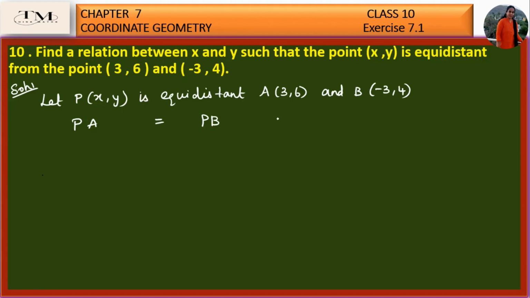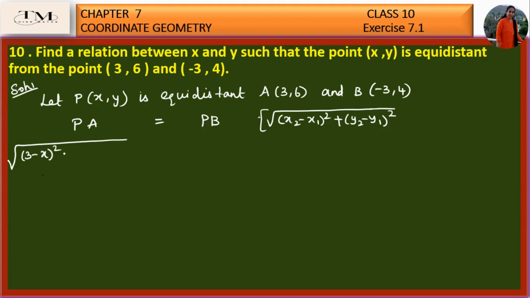So what is the distance formula? It is nothing but root of x2 minus x1 whole square plus y2 minus y1 whole square. Applying this formula, you will get root of 3 minus x whole square plus 6 minus y whole square equal to root of PB, so minus 3 minus x whole square plus 4 minus y whole square.